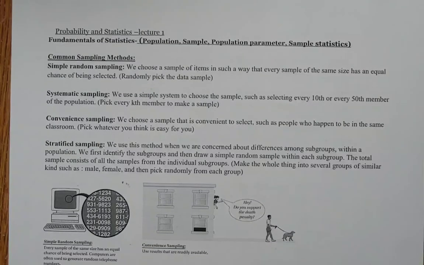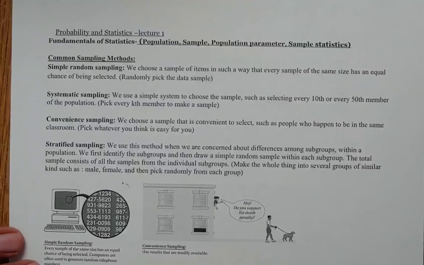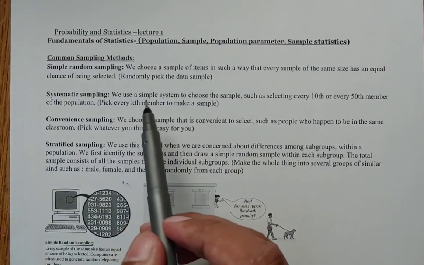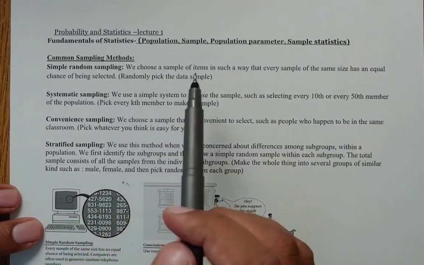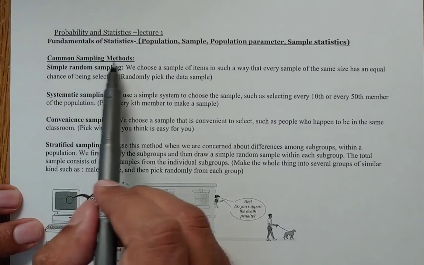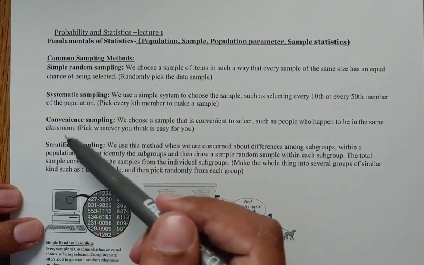Just like with the homeowners of the United States, it was not possible to get all homeowners, so they got some sample and made the decision based on it. So how do we collect the sample? There are 4 common sampling methods.